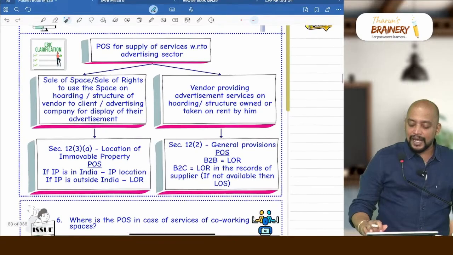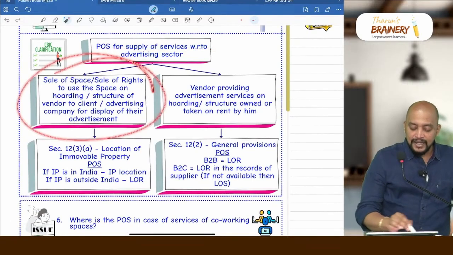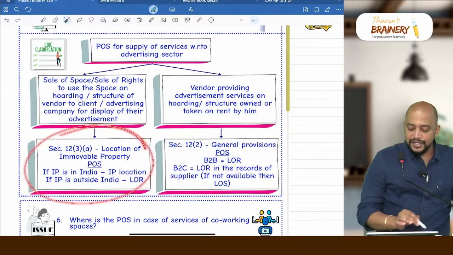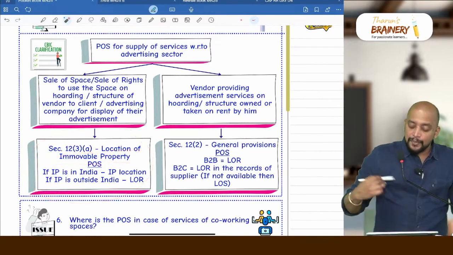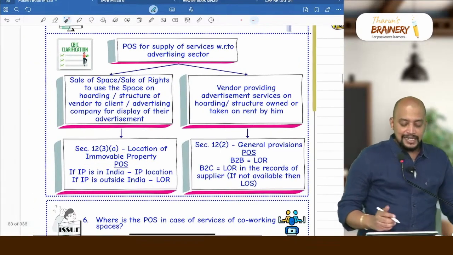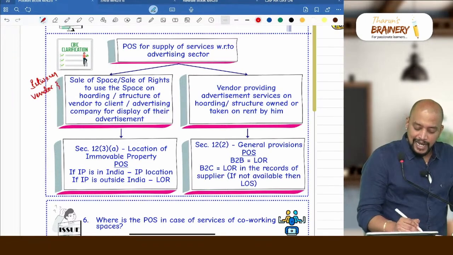So place of supply of service with respect to the advertising sector: first, between the vendor and the advertising company, it is service in relation to immovable property. Between the advertising company and the client, we need to take general provisions. So the first one is actually between whom? Between the property owner, vendor, and the advertising company.